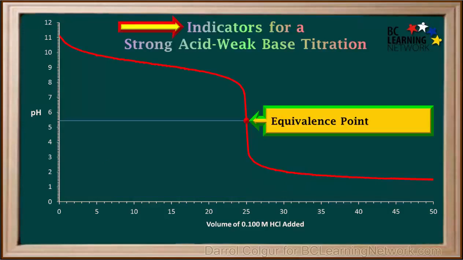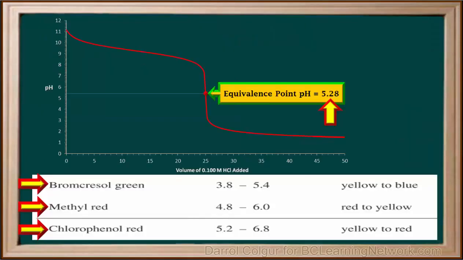Now we can use this graph to find the best indicators for this particular strong acid weak base titration. The pH at the equivalence point of this titration is 5.28, so we look on the indicator table for any indicators that have 5.28 within their pH range of color change. We see that bromocresol green, methyl red, and chlorophenol red all have 5.28 within their pH range of color change.